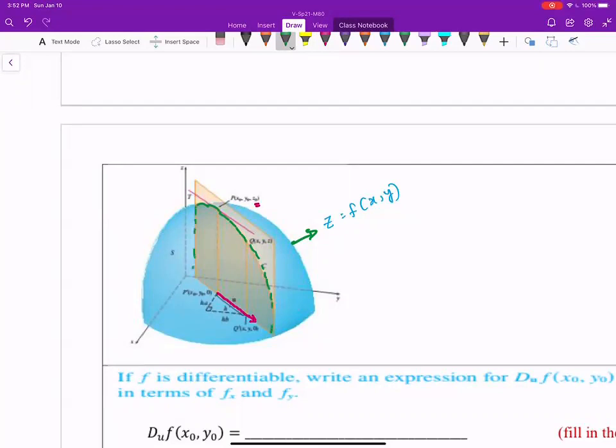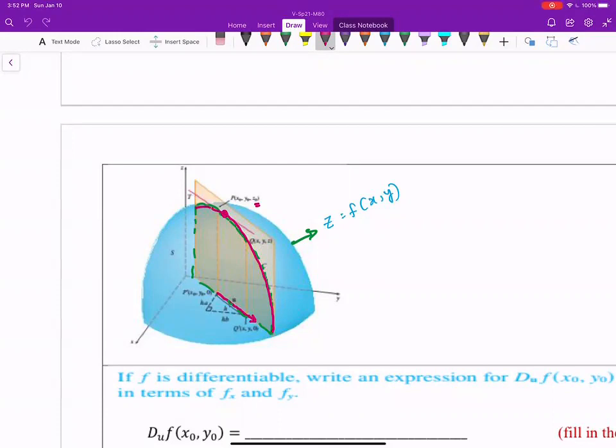The intersection is this plane, and the slice is similar to the slice that you see behind on the surface. So it intersects along a curve, and you are taking the tangent line at the point P, which has coordinates x0, y0, z0.